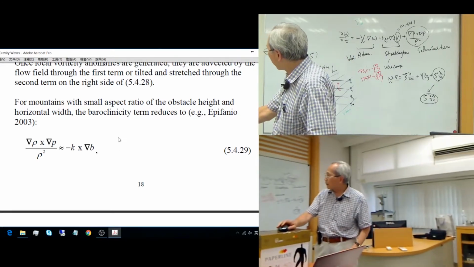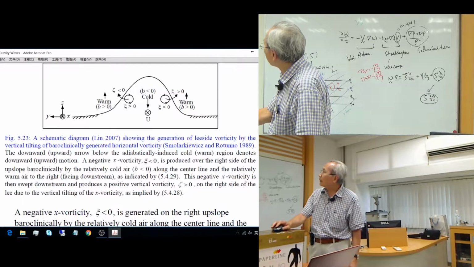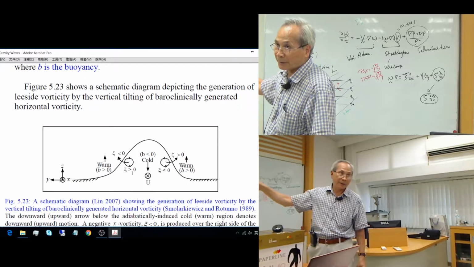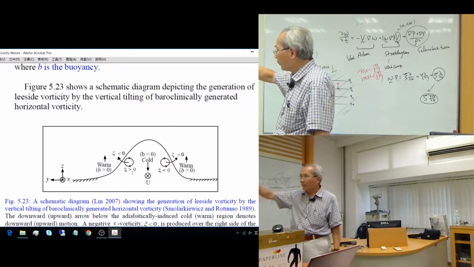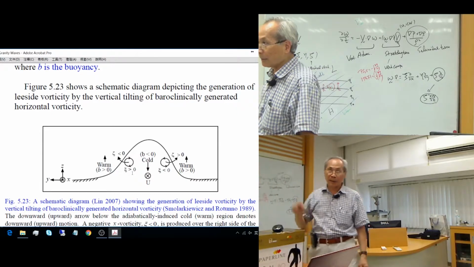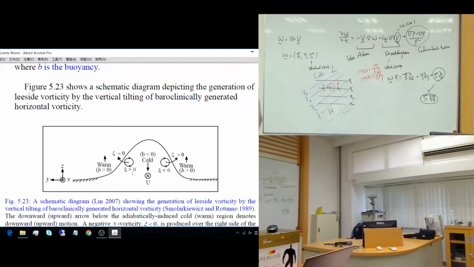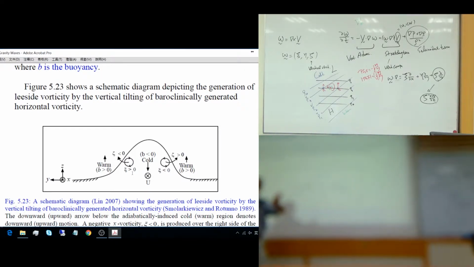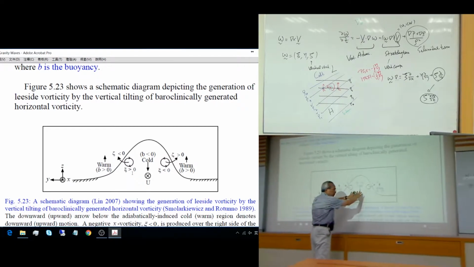Anyway, I think the easy way for you to understand is this sketch, done by me. I try to use it to visualize the argument by Smith and others. So say the wind is blowing into the mountain like that.